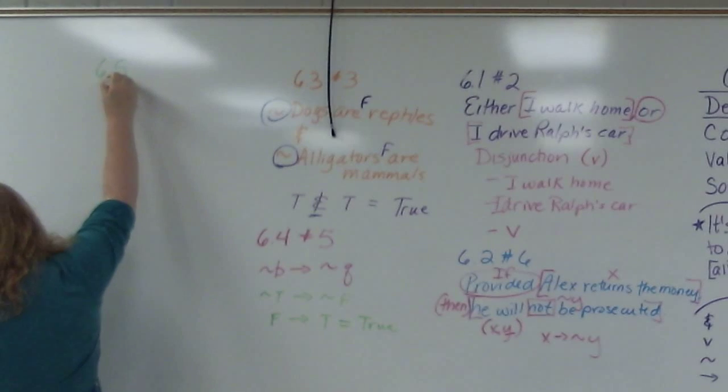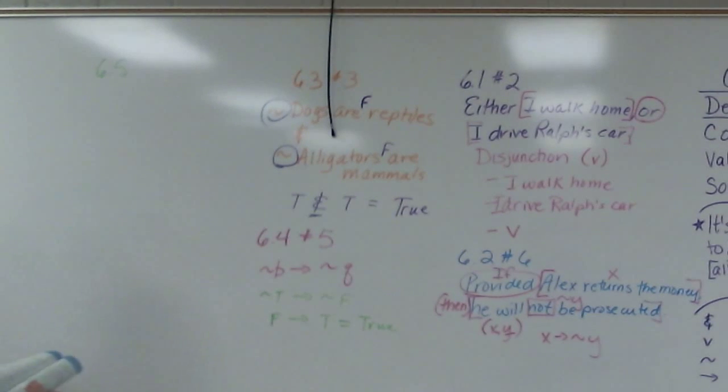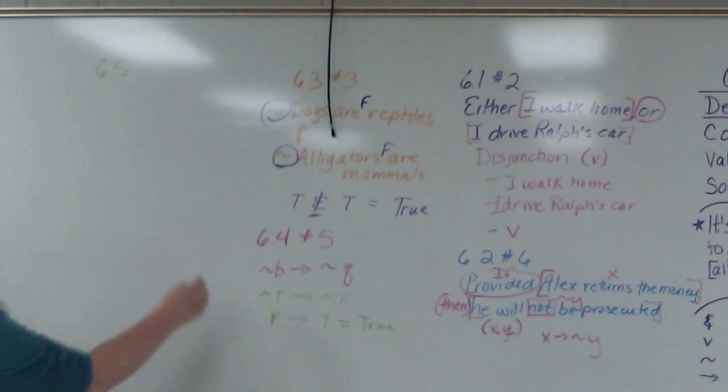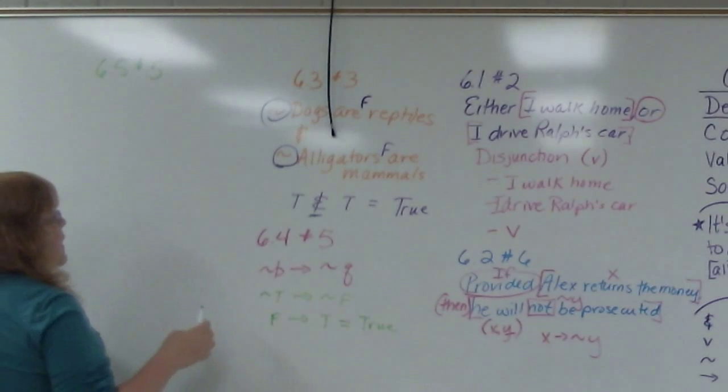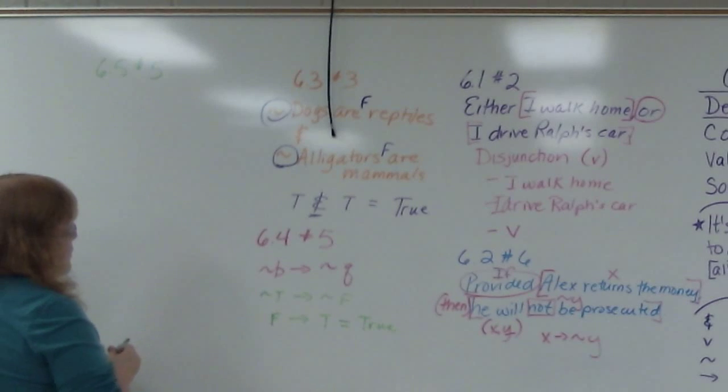6.5, there at the bottom, says to translate each of the symbolic statements in 6.4 into a statement in English. Okay, you need to be creative. Yay, creative. Okay, so for number 5, and I'm not going to be all that creative.